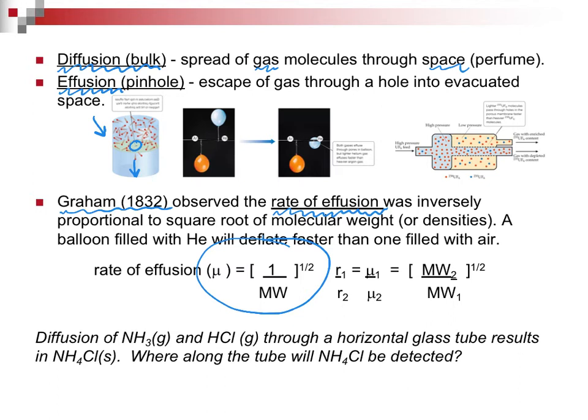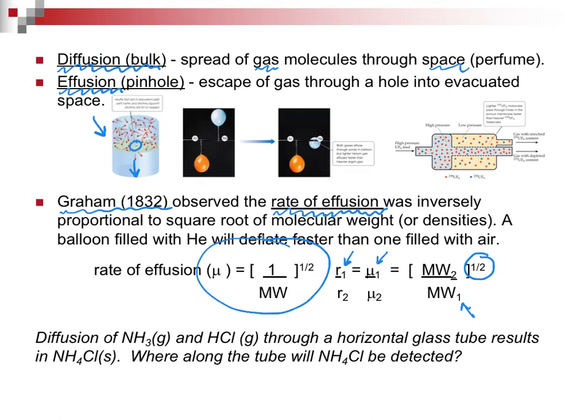Where would you be noticing this? Well, we would do it as a ratio. We would say, hey, this is gas number 1. That would be its rate of effusion. And we would say it's inversely proportional to the square root of the molecular weight. This is like P1V1 equals P2V2. We're just using different equations. It's the same kind of math.